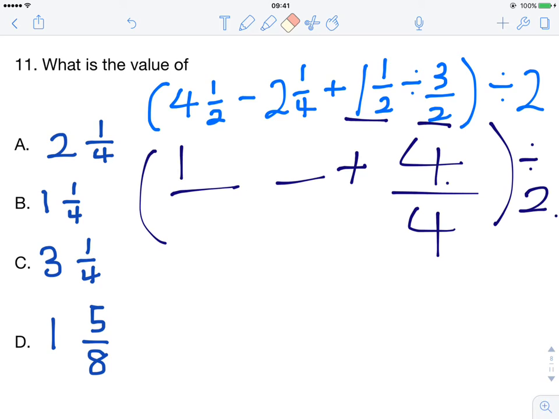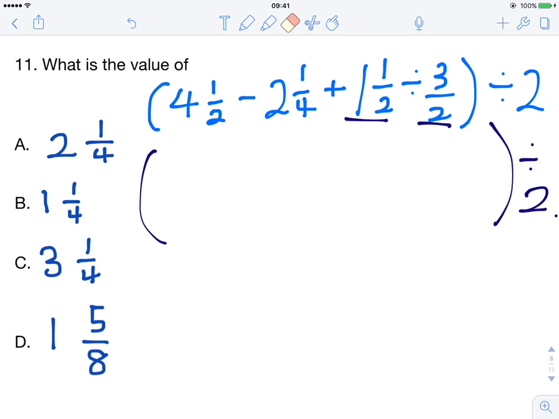So we can rewrite this as 9/4. And then we have 9/4 add 4/4, which is 13/4.